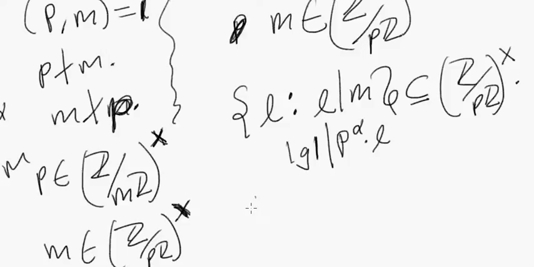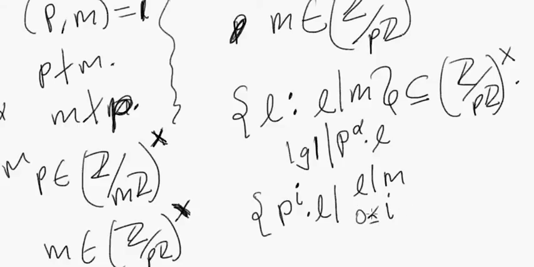Can we say this, let's consider the set of all p to the i times L, such that L divides m and i is at least 0 and at most alpha.